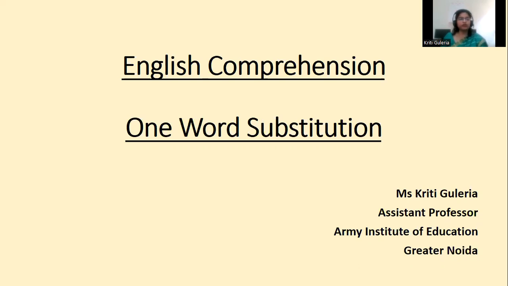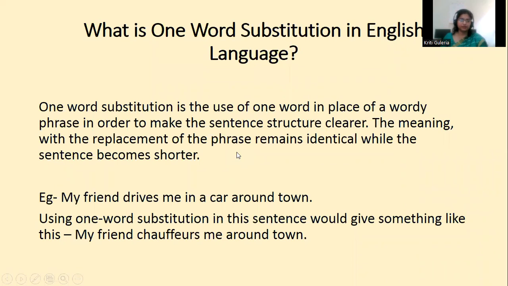So first of all, we should know what this word substitution means. As the word suggests, when we are trying to replace a long and wordy phrase in order to make it easier and more understandable, in that case, we use a single word, which is referred to as one word substitution.